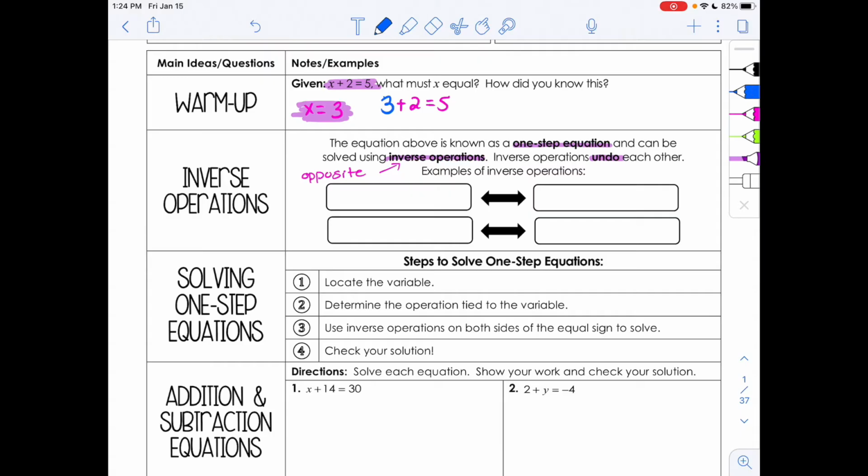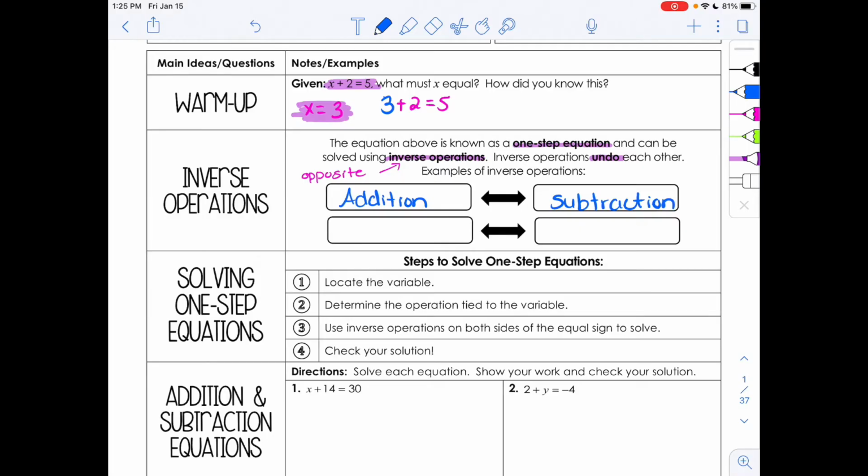So let's think about our math operations: addition, subtraction, multiplication, and division. And let's start with addition. The inverse operation, or the opposite operation of addition, is subtraction. So these two operations will undo each other. And you have the two-sided arrow because it's vice versa.